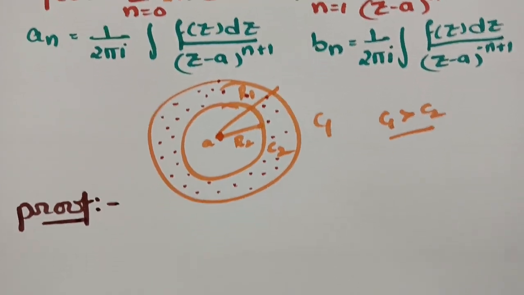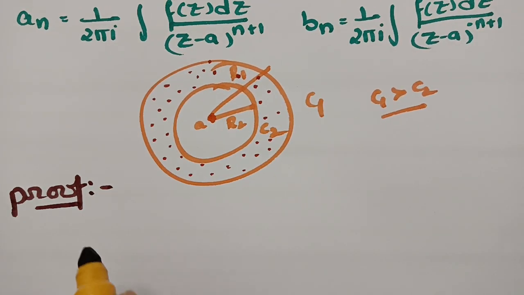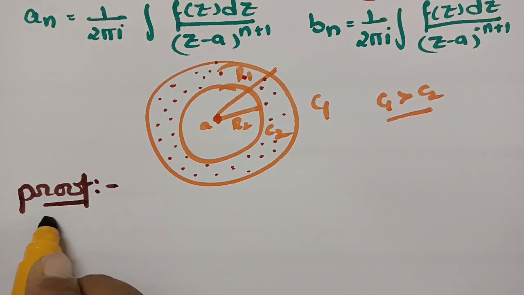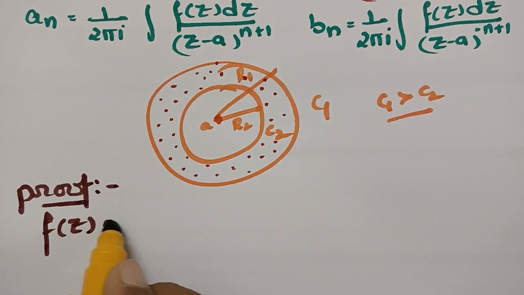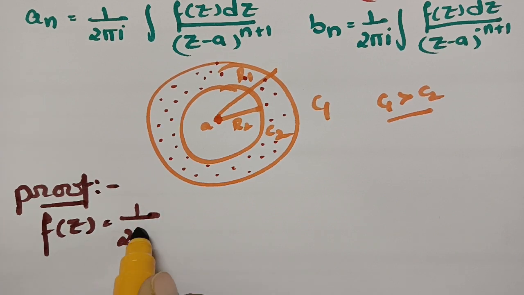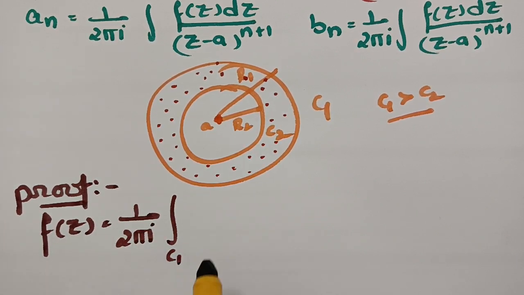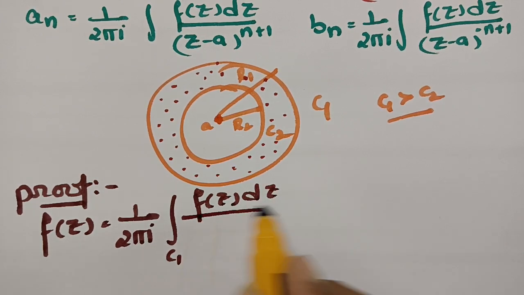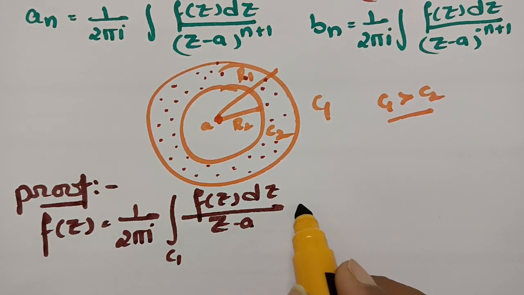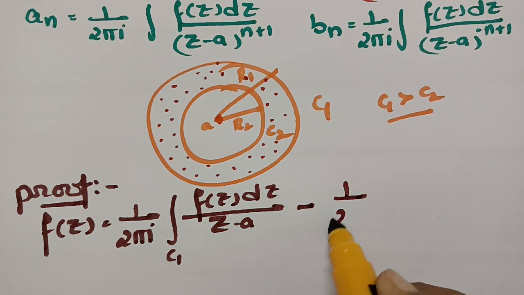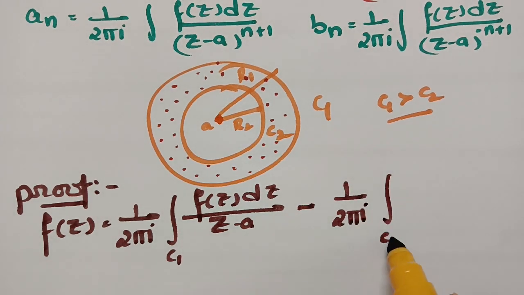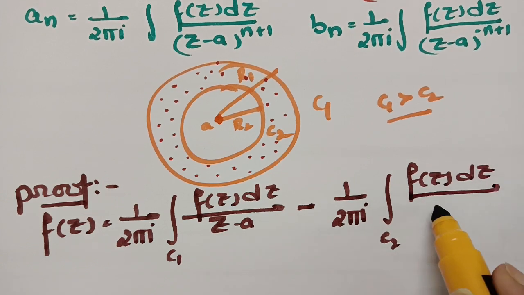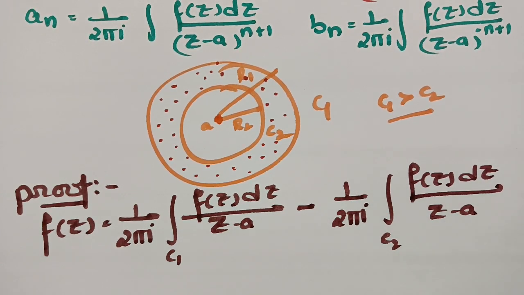According to Cauchy's integral formula, if f(z) is analytic on C1 and C2, then f(z) is equal to 1/(2πi) times the integral over C1 of f(z) dz / (z − a), minus 1/(2πi) times the integral over C2 of f(z) dz / (z − a).